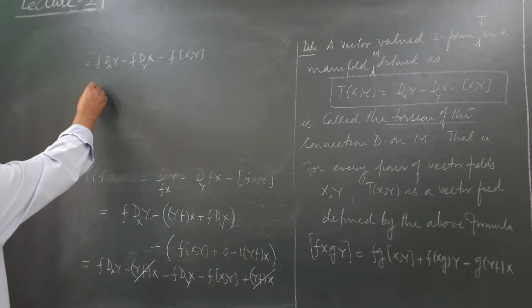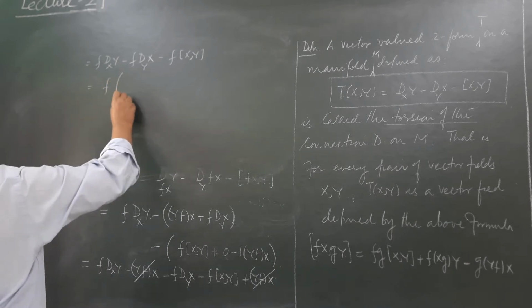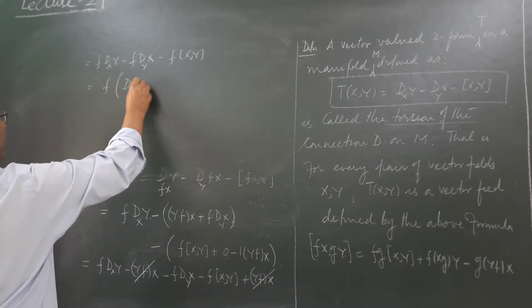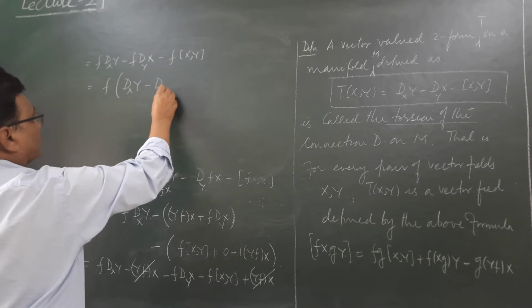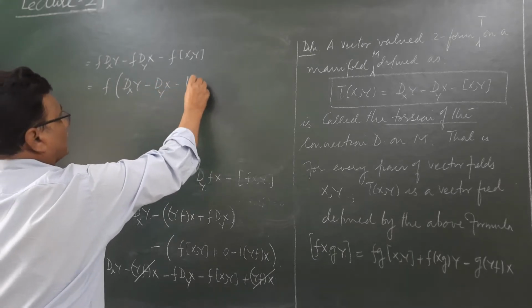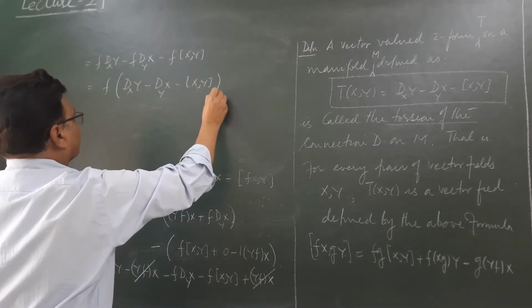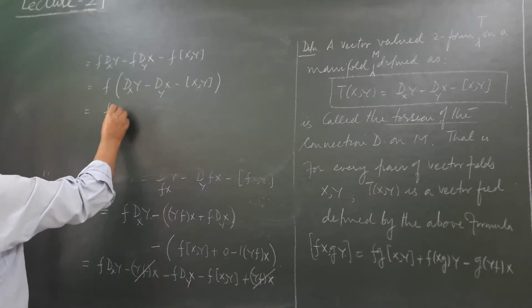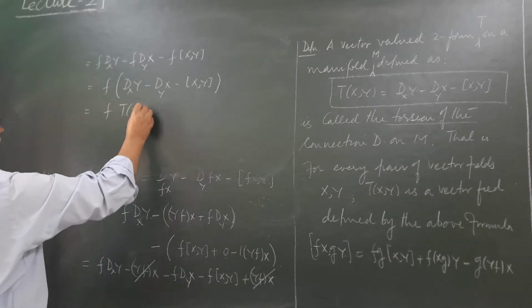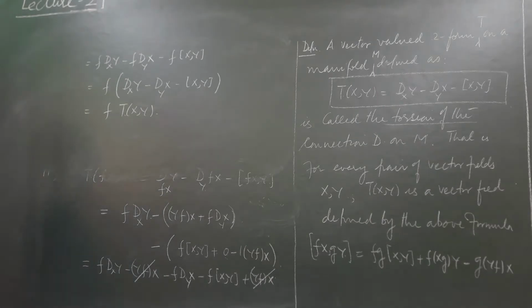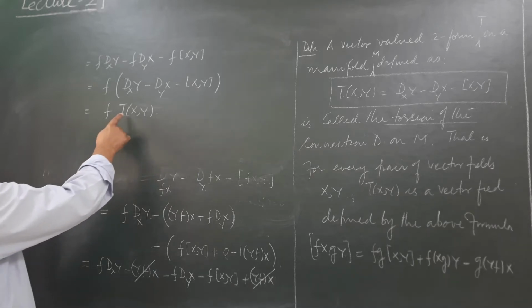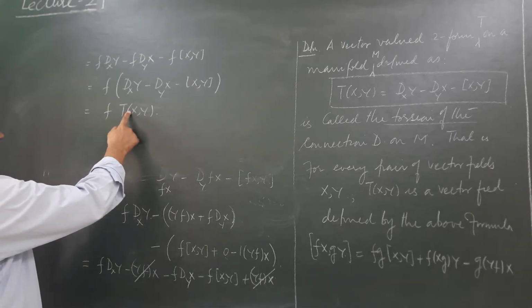If you take f common, you will be getting f times (∇_X Y minus ∇_Y X minus Lie bracket [X, Y]). So, this is f times T(X, Y). So, the second property is verified when you have only a function sitting here.